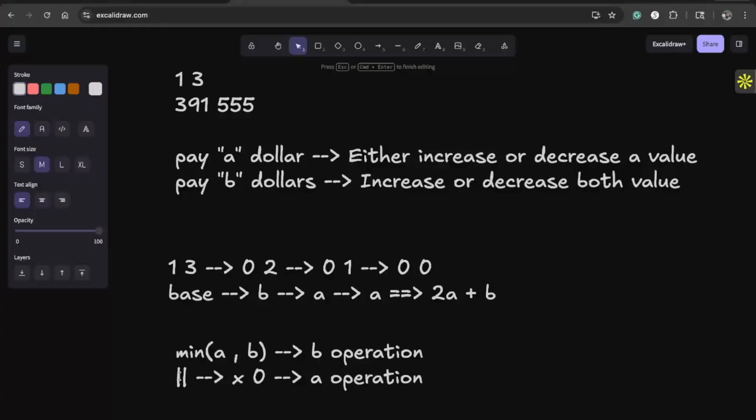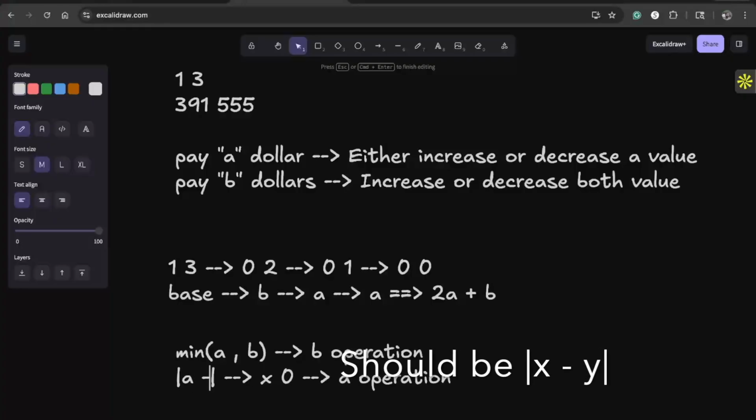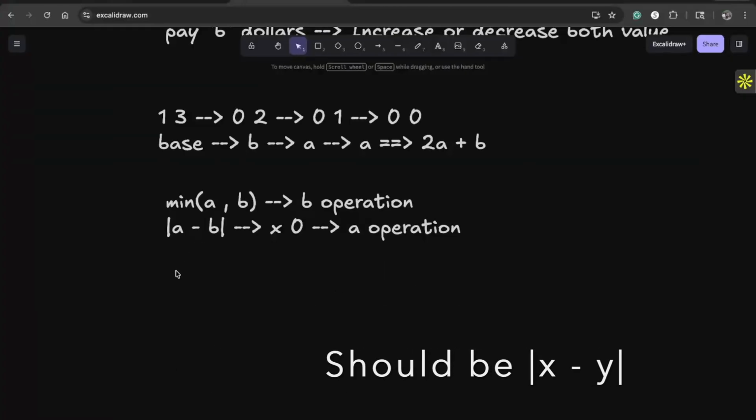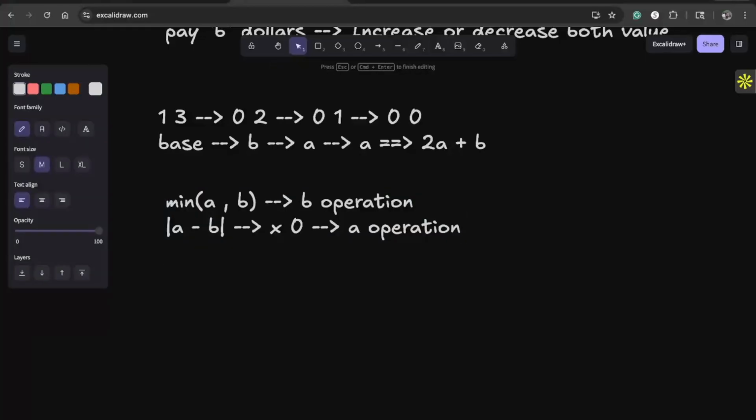So this will essentially look like this: absolute value of x minus y. And this forms the base of our math for this question. We'll be performing the minimum of x or y times the cost of b, plus the absolute value of x minus y, times a.